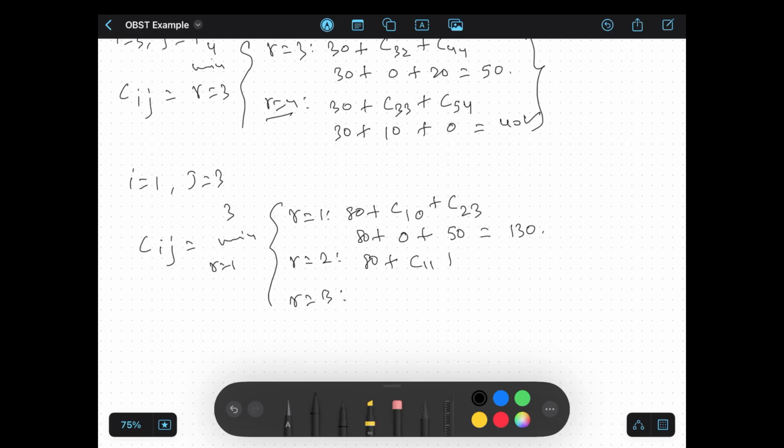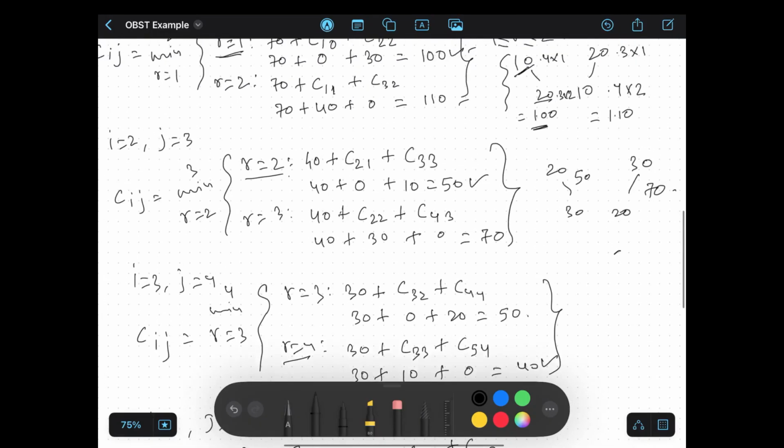Similarly, this will be 80 plus 40 plus 10, which is equal to 130, and this will be 80 plus cost of 1, 2 plus cost of 4 and j is 3.